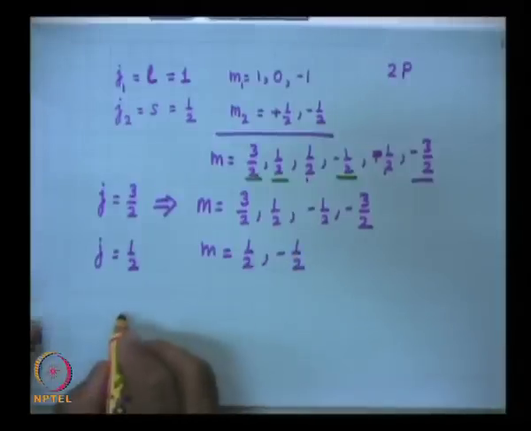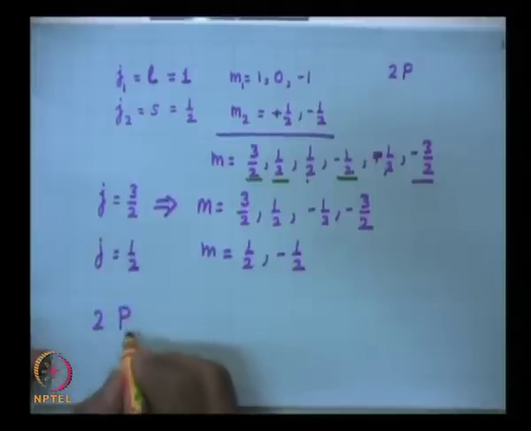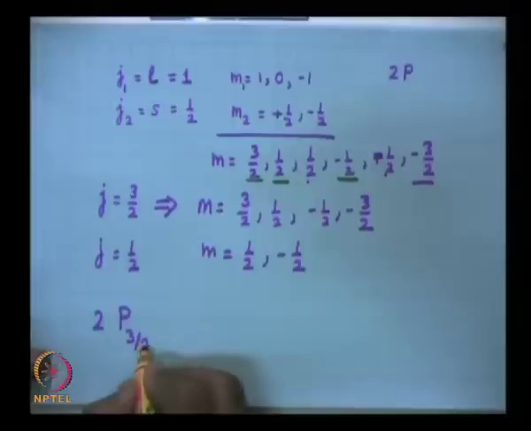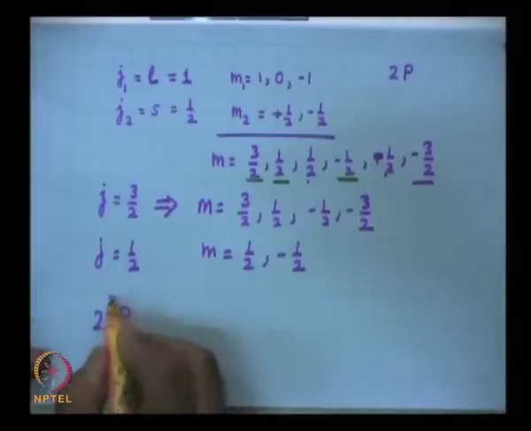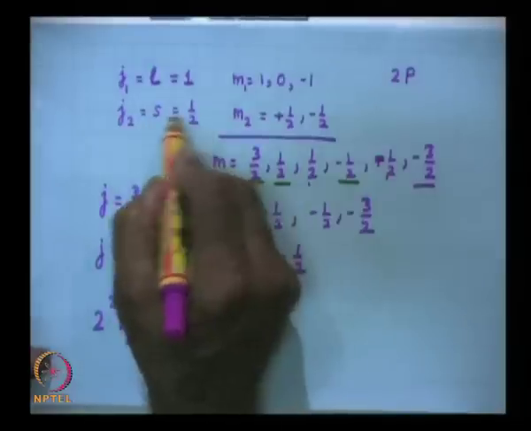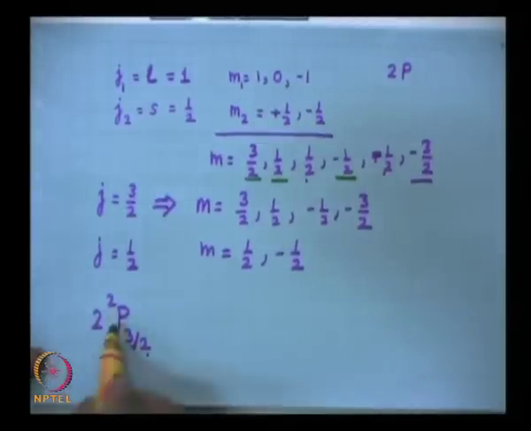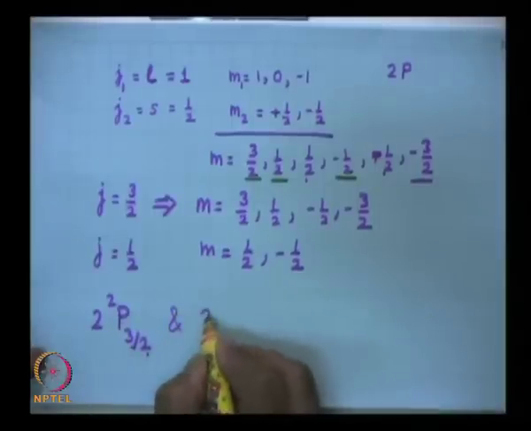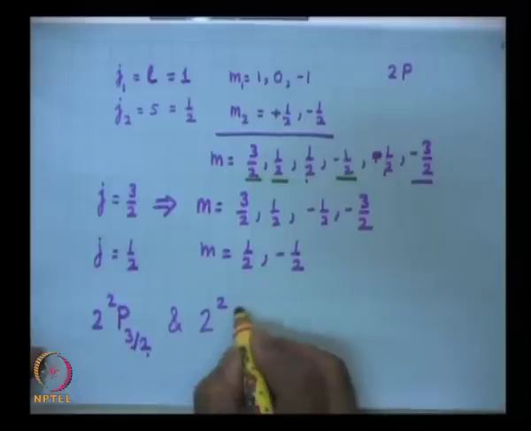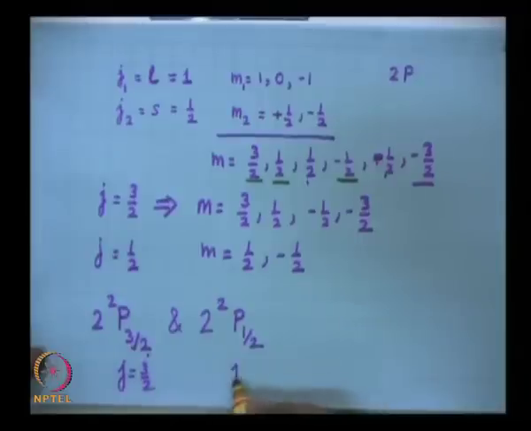So, you have two states, 2p, this is the total angular momentum 3 by 2, and it is a doublet because s is equal to half. So, 2s plus 1 is 2, this is the 2s plus 1 and this is the L value, and 2 doublet p half. So, these are the j values, j is equal to 3 by 2 and j is equal to half.